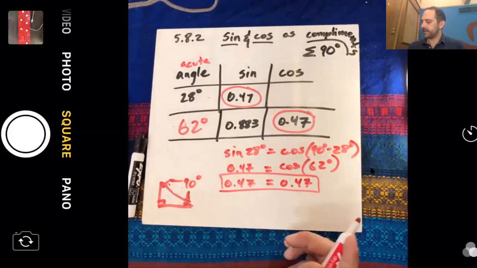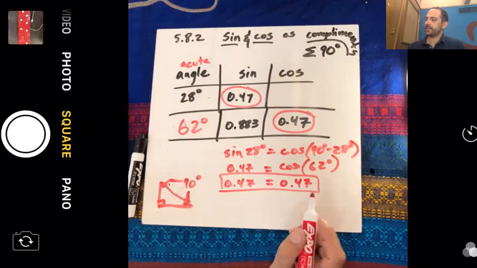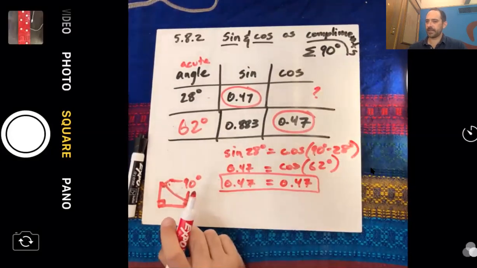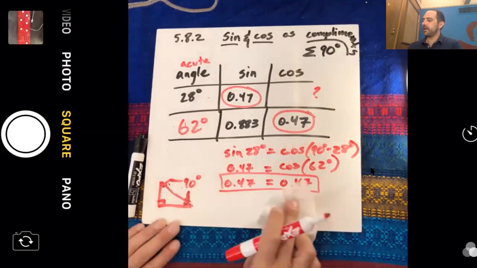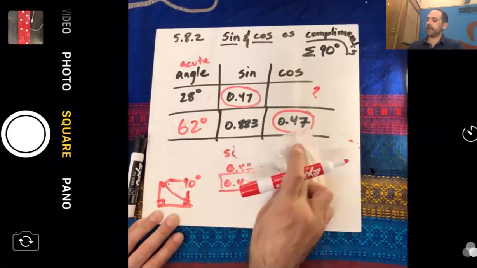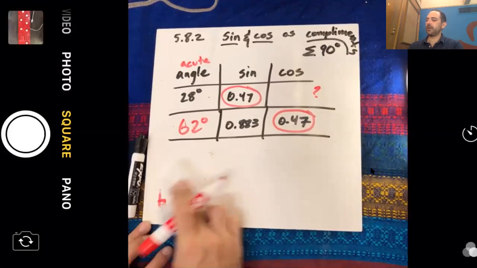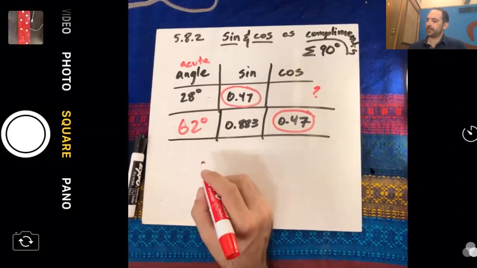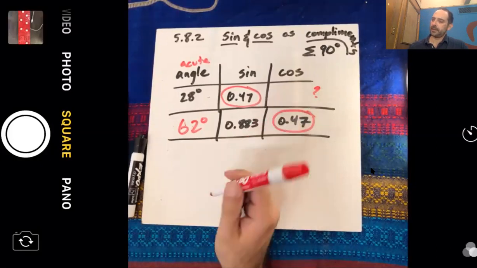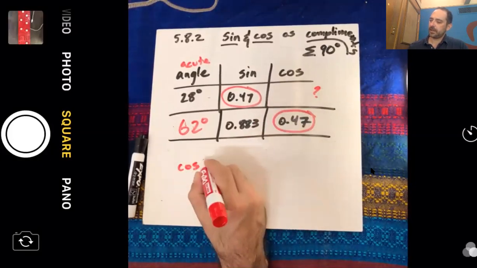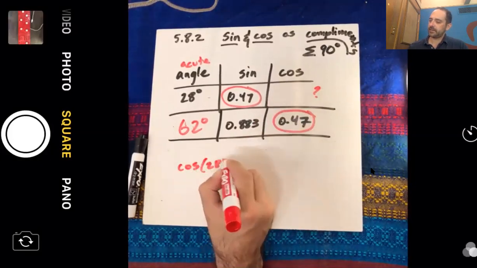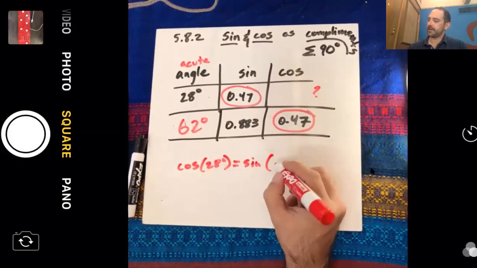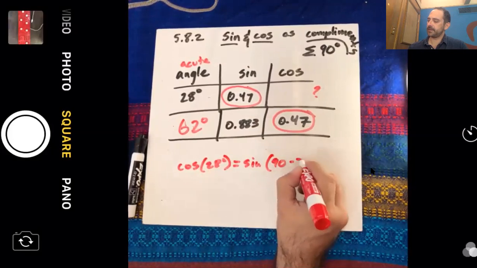So when I'm looking at this, what is going to go here? Think about that for a sec. We could do this the long way. Maybe you see it right off the bat and you know exactly what goes there, but let's do it the long way so you can see another way of doing it. So watch. The cosine of 28 degrees is going to be equal to the sine of 90 minus 28 degrees.